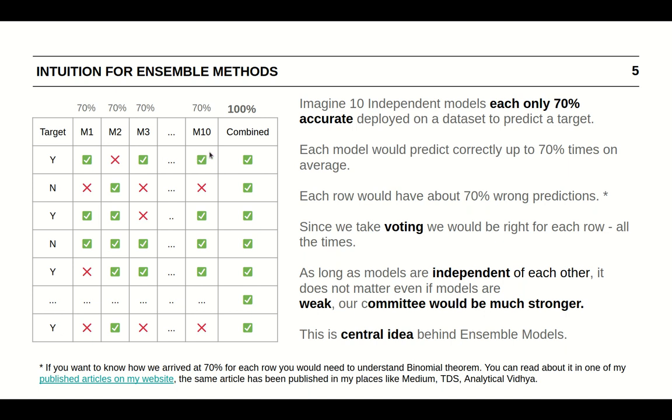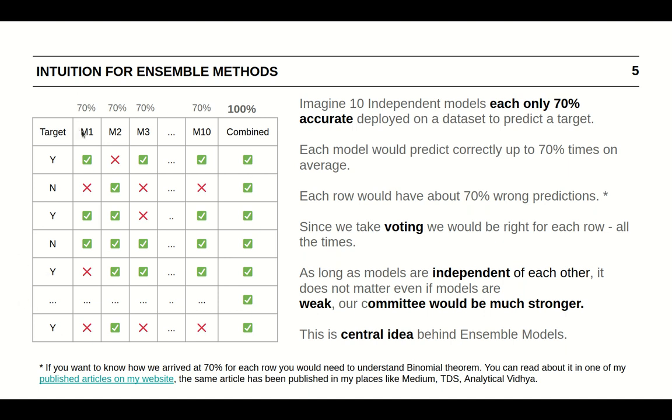That means at any given point of time, if we take an observation and if we take a vote, or if we count what are the maximum number of models saying, this would always be correct. And it goes on the same by the same logic for every row.